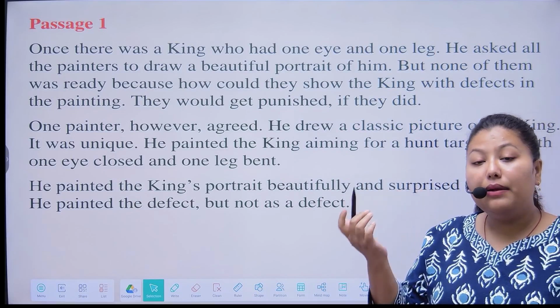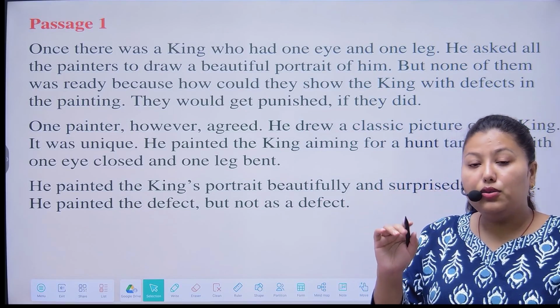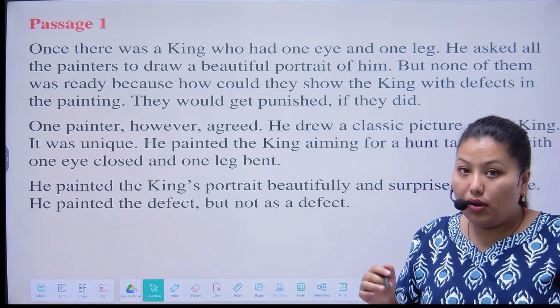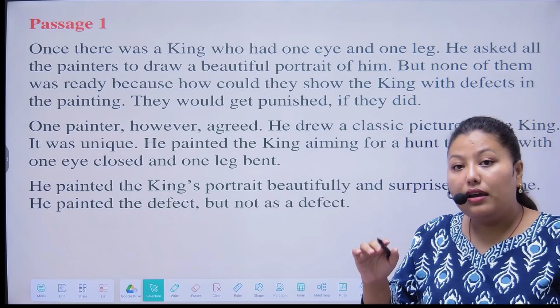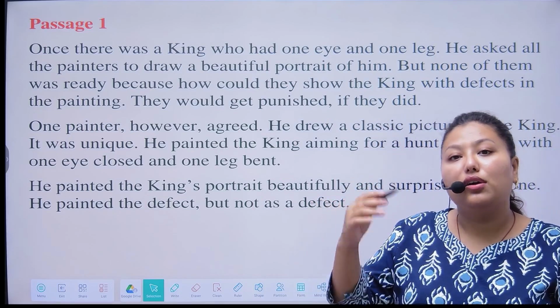So he used his brain, and he drew one eye closed and one leg bent. So the painting was not showing the defects of the king.